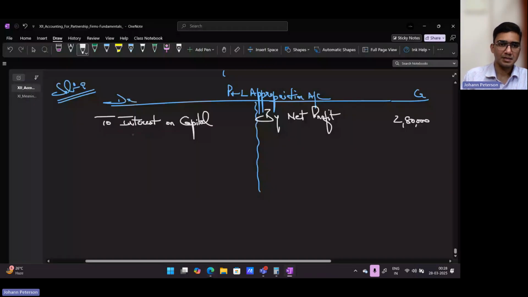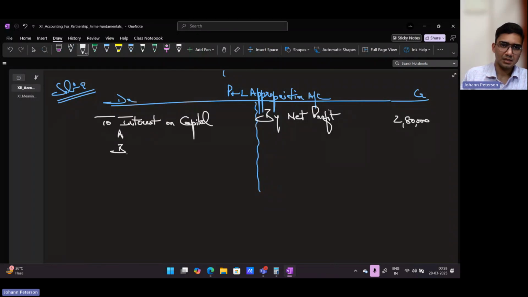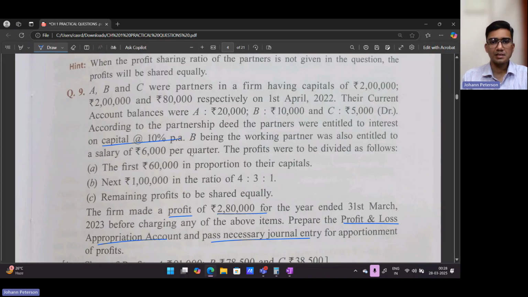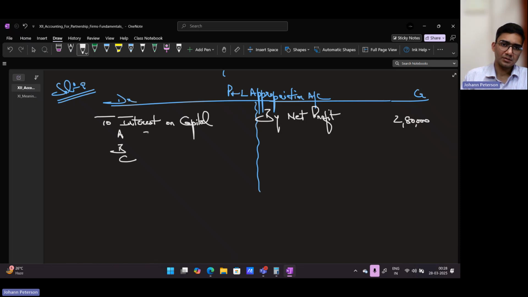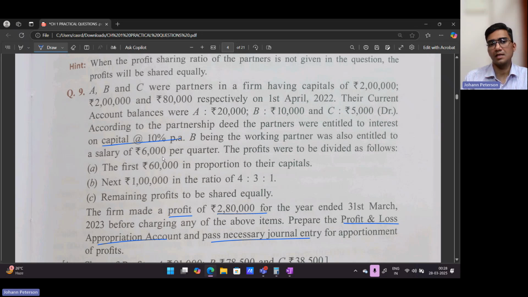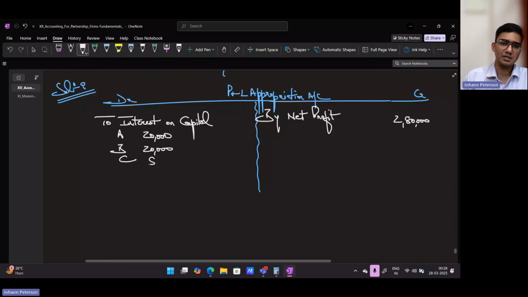Partners are A, B, and C. How much are they getting? 10%. So 10% on 2 lakh is 20,000. Then again 20,000. And C is having 80,000, so 10% means 8,000. This makes it 48,000.